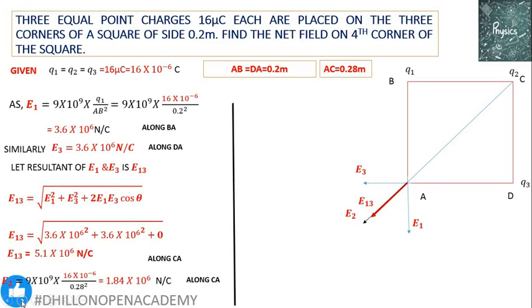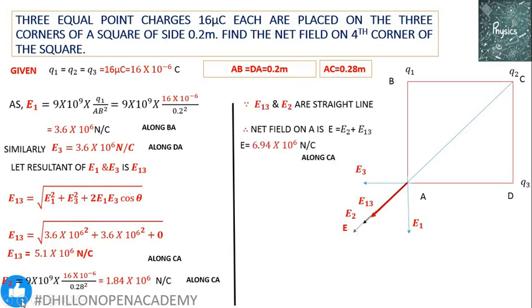So the two electric fields E13 as well as E2 are both acting in the same direction, the same line of action. So the net field is only the sum of the two, which is given by 6.94 into 10 raised to power 6 Newton per Coulomb, acting along CA.